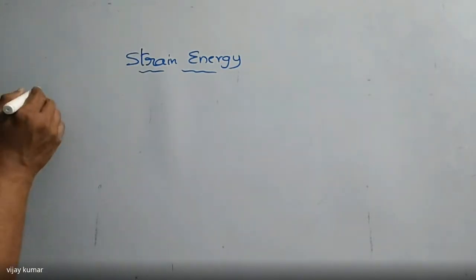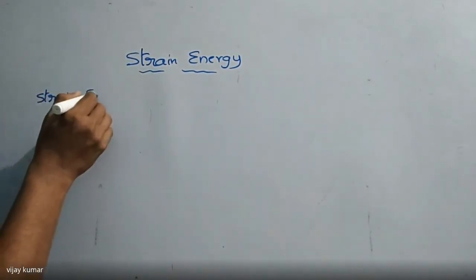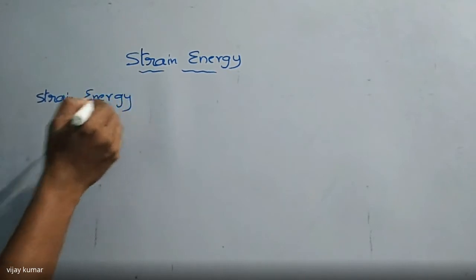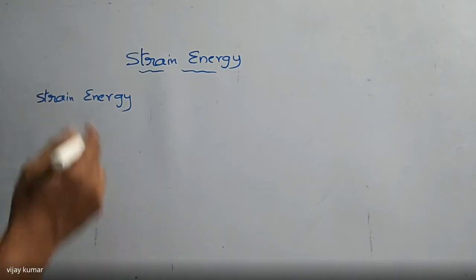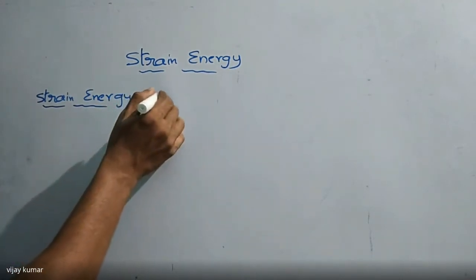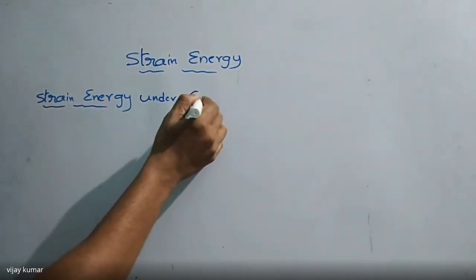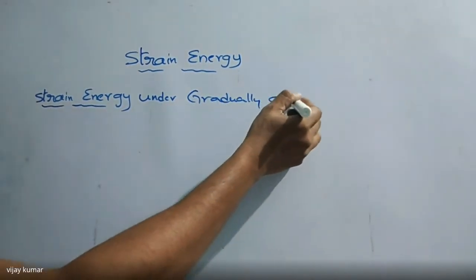That is strain energy under a gradually applied load, or static load, or axial load. That is gradually applied load, suddenly applied load. There are different types of cases. Strain energy under gradually applied load.